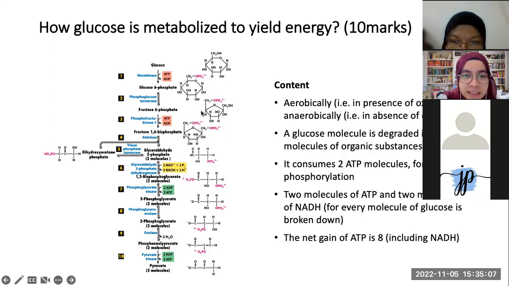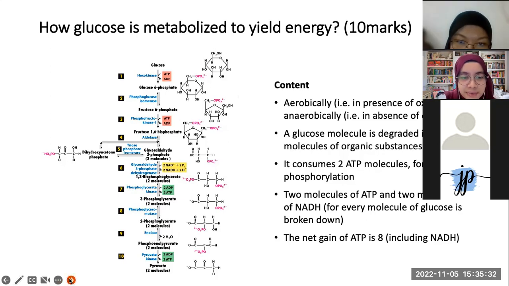So who is adding a phosphate group to this carbon? It's a kinase. That's why we have kinase here, because kinase is either adding or removing a phosphate group, just like earlier. So that is how you can try to understand the reactions.